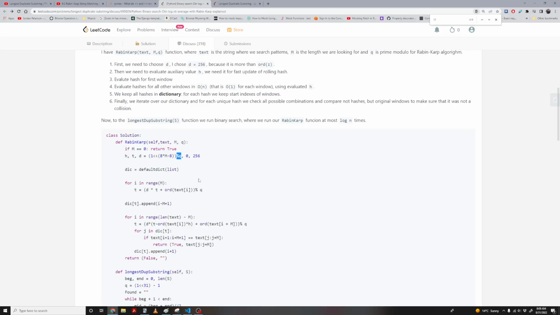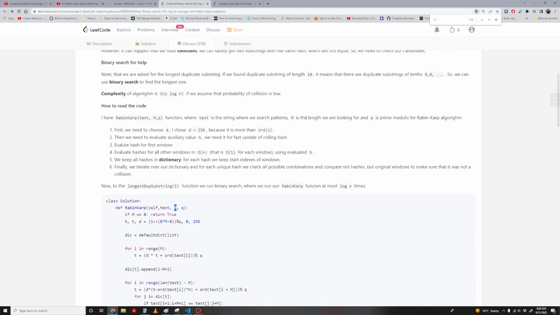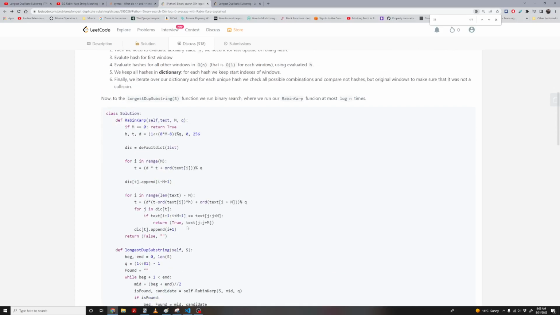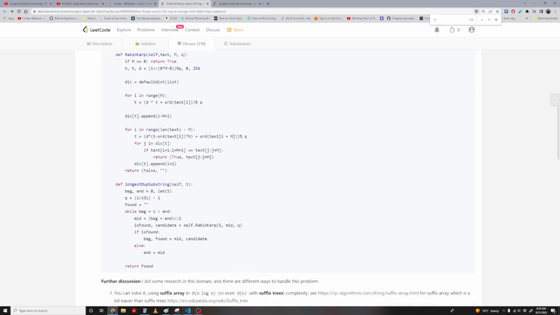So what does he do? Here we are going to give the text and the length. M is the length that we are looking for. Q is a prime number for division. I think Q is 2 to the power of 31 minus 1, and this one is important to know.